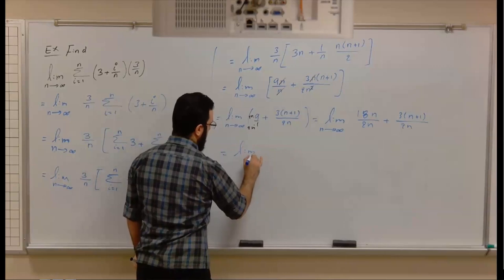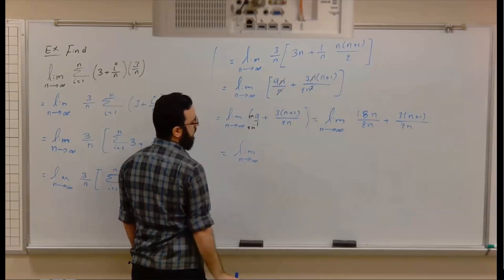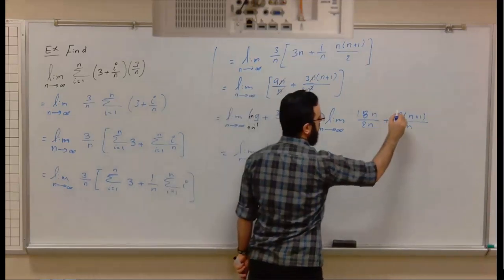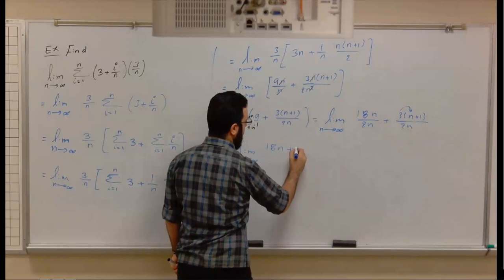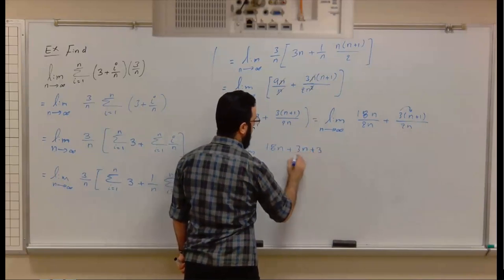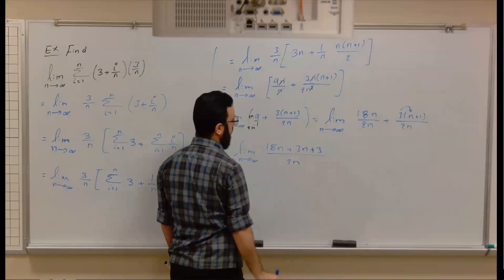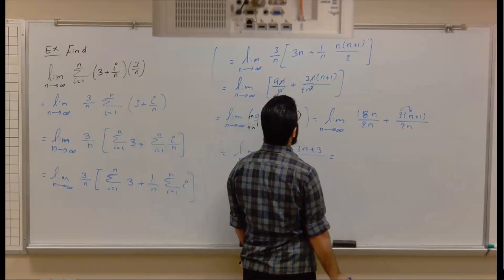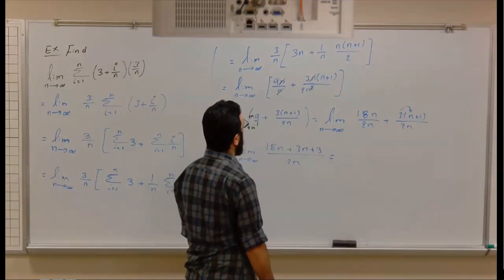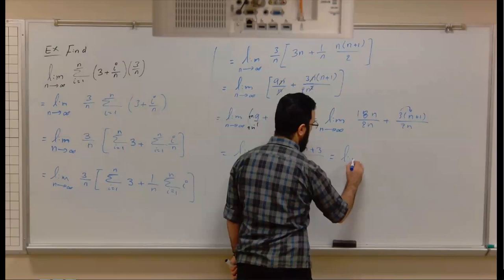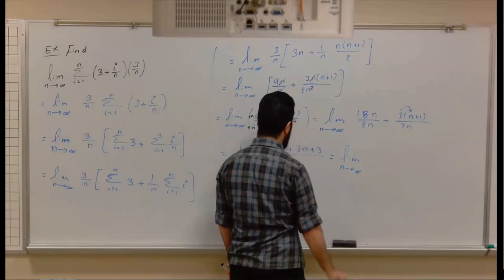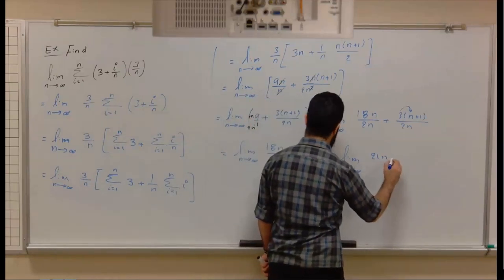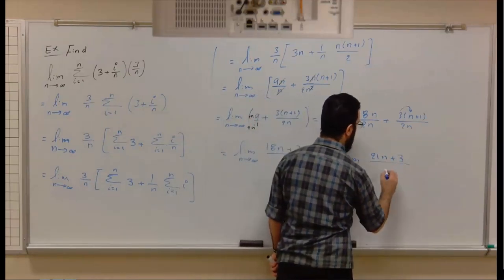So it's going to be the limit as n approaches infinity of 18n plus, distributing this one, 3n plus 3, divided by 2n. That gives the limit as n approaches infinity of 21n plus 3 divided by 2n.